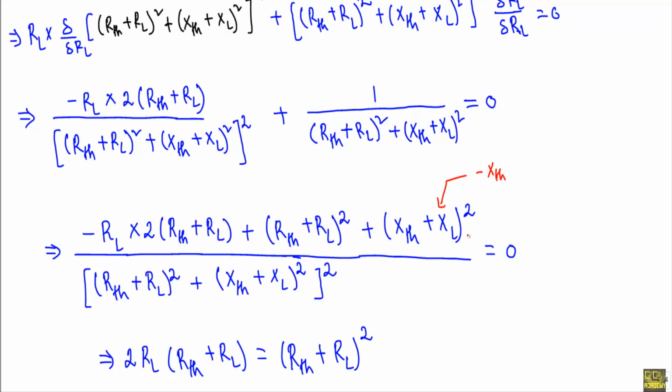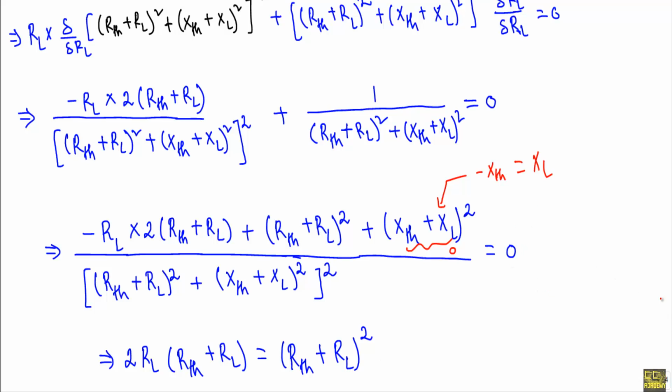See, from equation number 2 we know that for maximum power XL has to be equal to minus XTH. So if I put XL equal to minus XTH, this term can be replaced with 0. So from this line I can write down 2RL into RTH plus RL will be equal to RTH plus RL whole square.